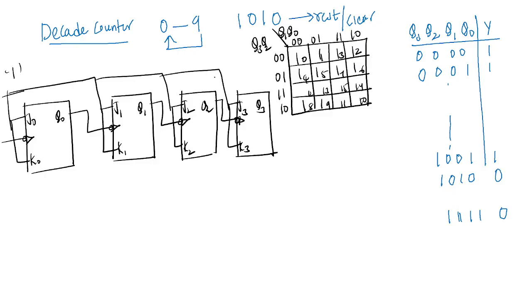Here what I am using means 1010. So 1010 means Q1 and Q3. I am connecting Q1 and Q3 with the NAND gate, and this I am giving to the clear signal.